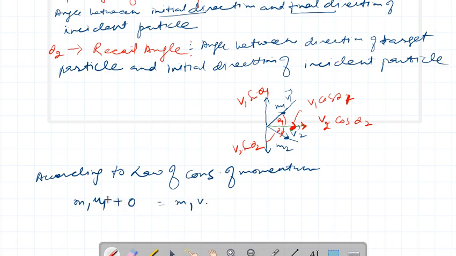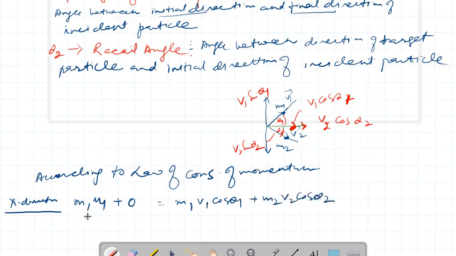So I am taking first of all momentum along x direction. So for x direction, it is m1 u1, plus, because the second particle is at rest, that's why it is this. So it is m1 v1 cos theta 1 plus m2 v2 cos theta 2.